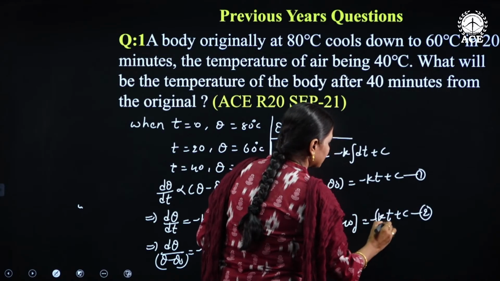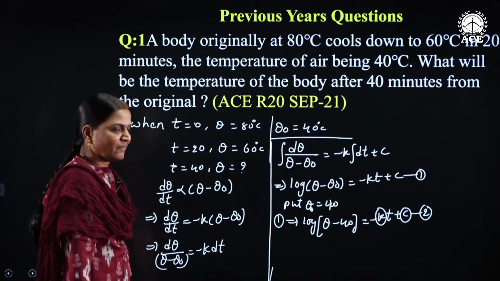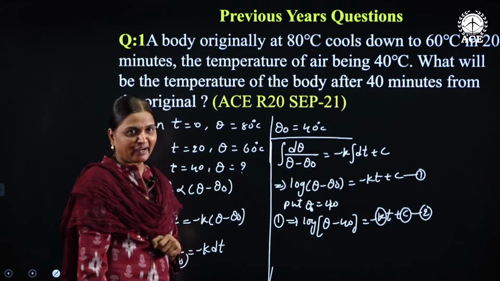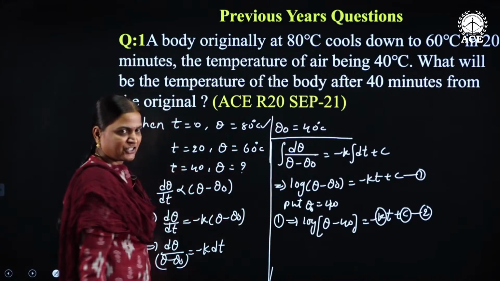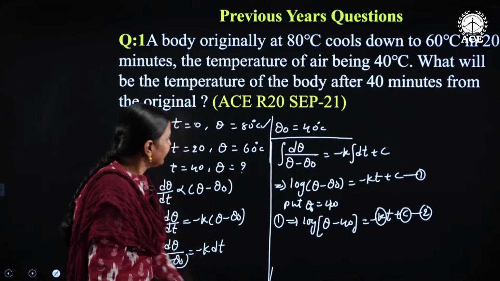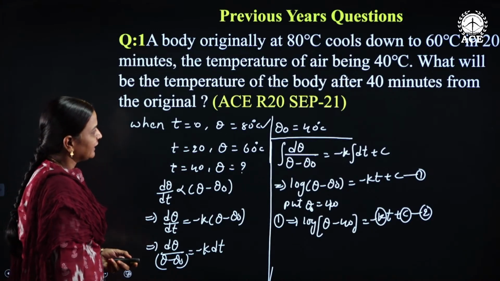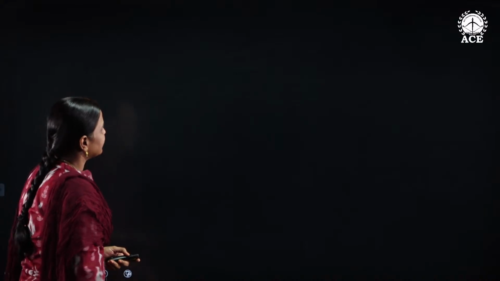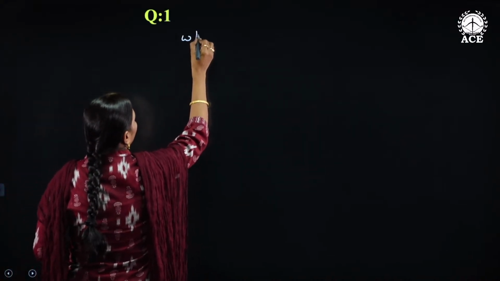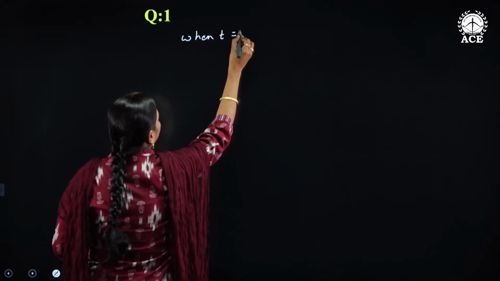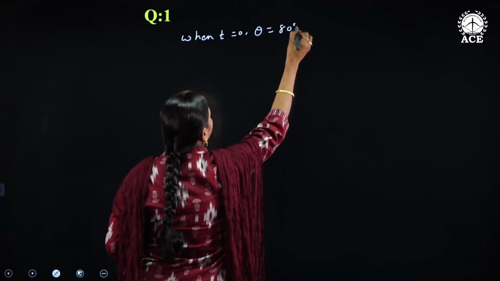Now find these two values, c and k. First find the c value, then find the k value. How to find the c value? Using the given conditions, first the initial conditions. What are the initial conditions? When t is equal to 0, what is the temperature of the body? Theta is equal to 80 degrees centigrade. So substitute: when t is equal to 0, theta is equal to 80 degrees centigrade.